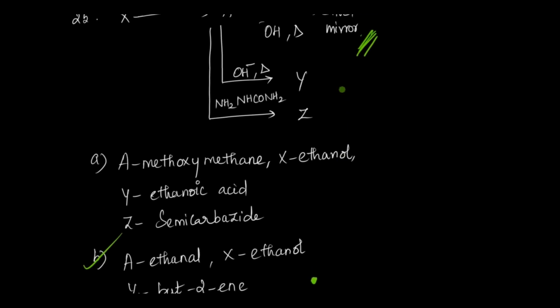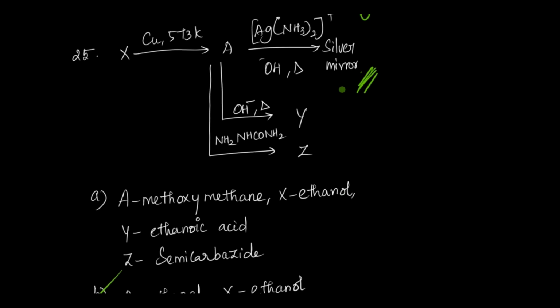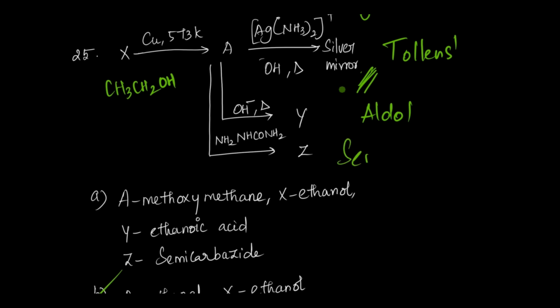Let me give you the answers for the other steps also. This is the Tollens test that we know, and what could be the X? If A is ethanal, then X is ethanol, right? And what about this? This is an aldol reaction, which will form an aldol or an alpha beta unsaturated aldehyde or ketone, and this is semicarbazide, right?